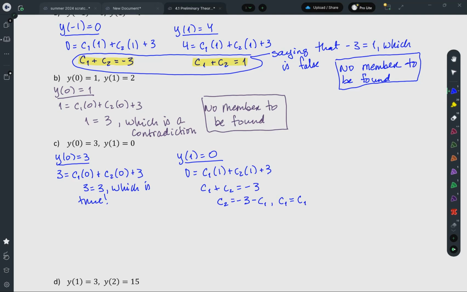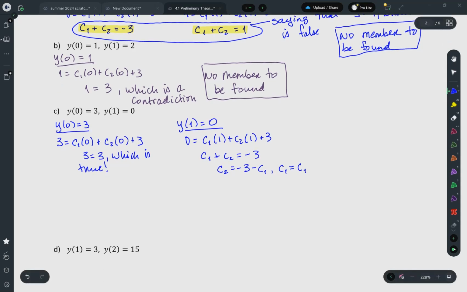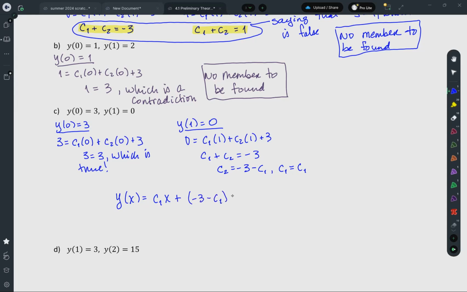In other words, what's happening here is I have an infinite number of solutions, and I could write up my solution, y of x, to be C1x squared plus, in the place of C2, I would put minus 3 minus C1, x to the fourth. I'm sorry, C1x should have been C1x squared.